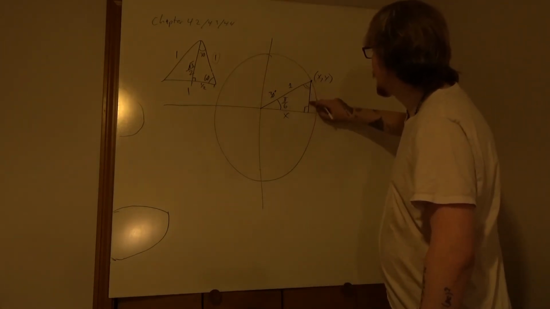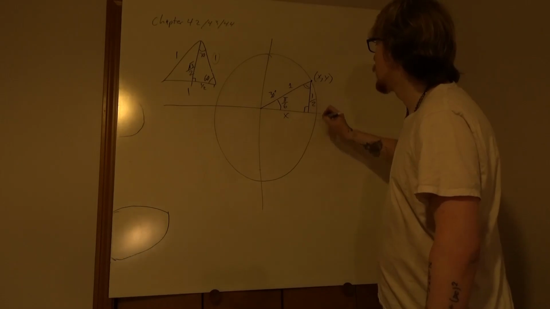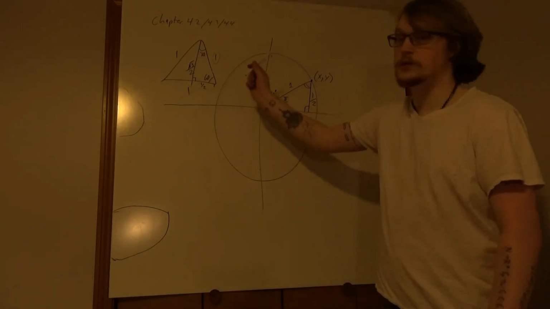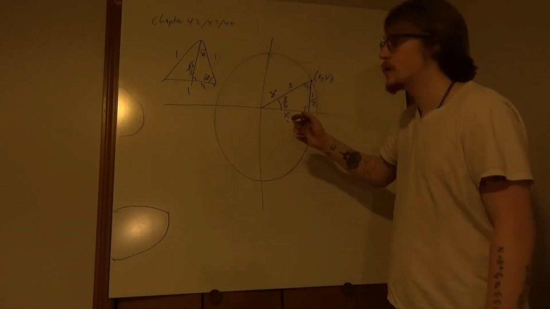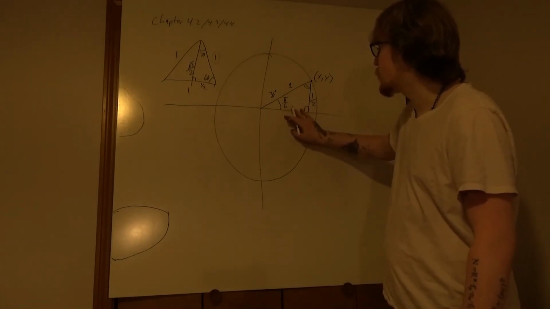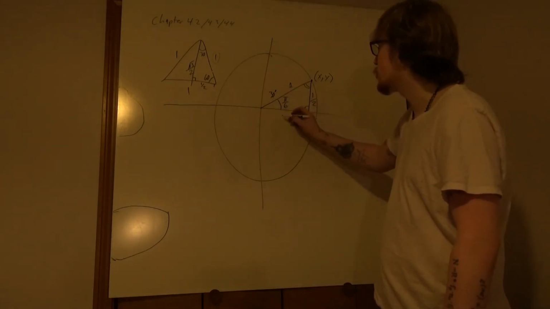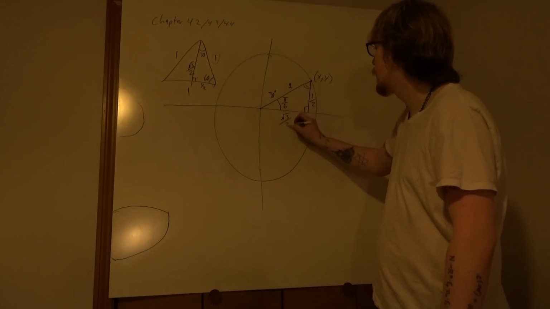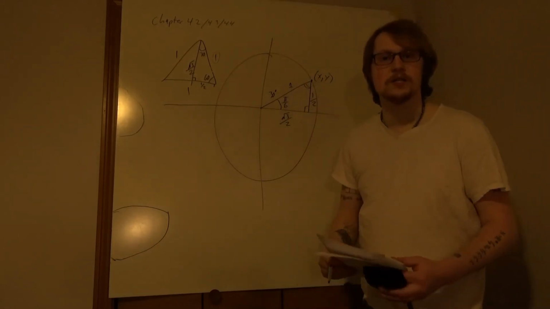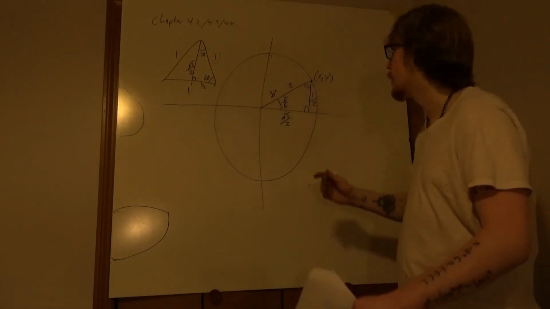So I can now replace this y with 1/2, and just as with the other one, we can say that this x value has to be √3/2, because it's the other side in the 30, 60, 90 right triangle.